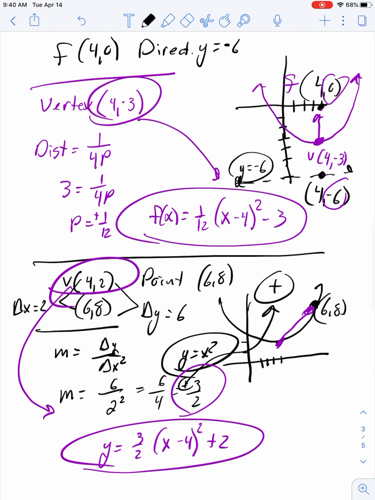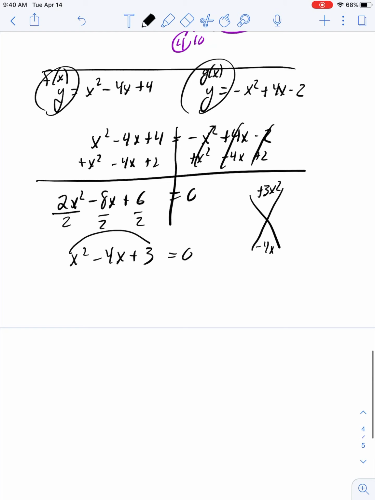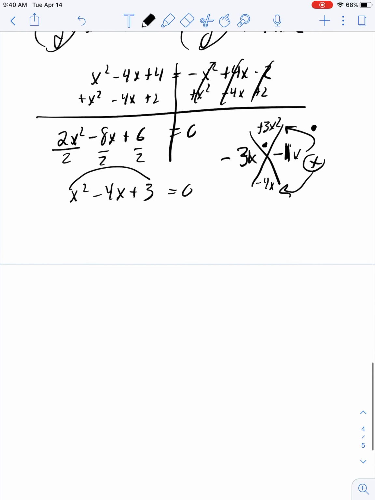So factors that work here: you have 4 and 1, or excuse me, 3 and 1. So if we make them both negative and put an x here, multiply these two together, that gives you positive 3x squared, and when you add them, you get this. Okay, so put everything into a box.